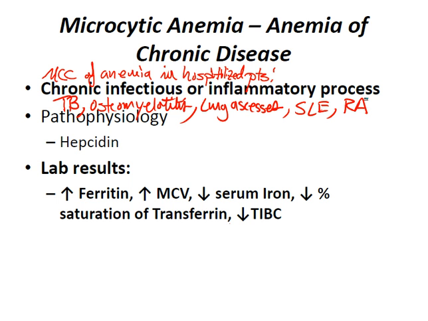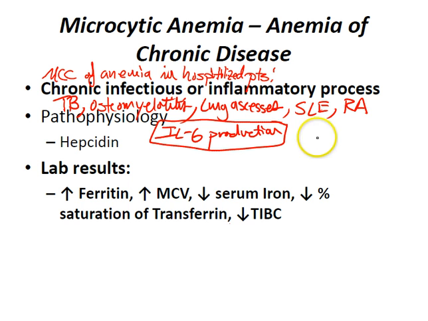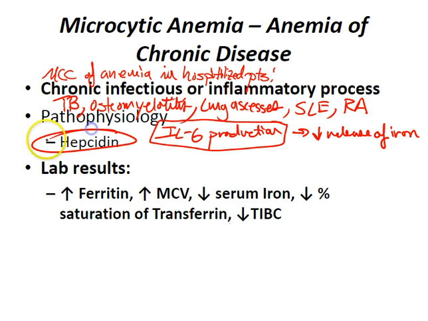So if you get an inflammatory state, what happens is you get IL-6 production. Once you get IL-6 production, it leads to a decreased release of iron from iron stores by upregulating synthesis of hepcidin.